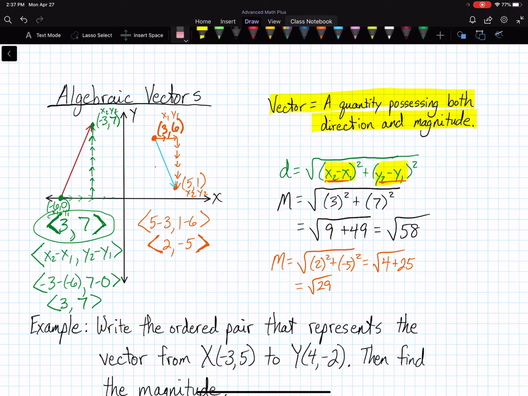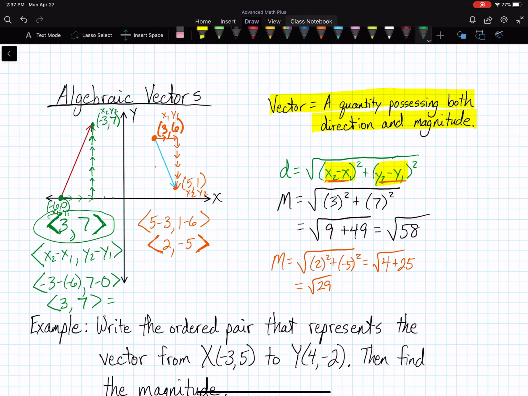All right, now there's also a form, sometimes they ask you to write it in unit vector form. Okay, so the sum of unit vectors is what they're going to ask. Now, when they say sum, that means adding. And basically, what you need to know is what is a unit vector.